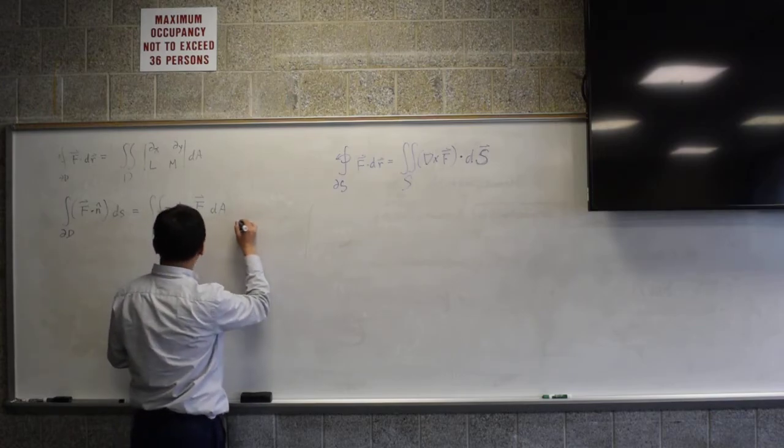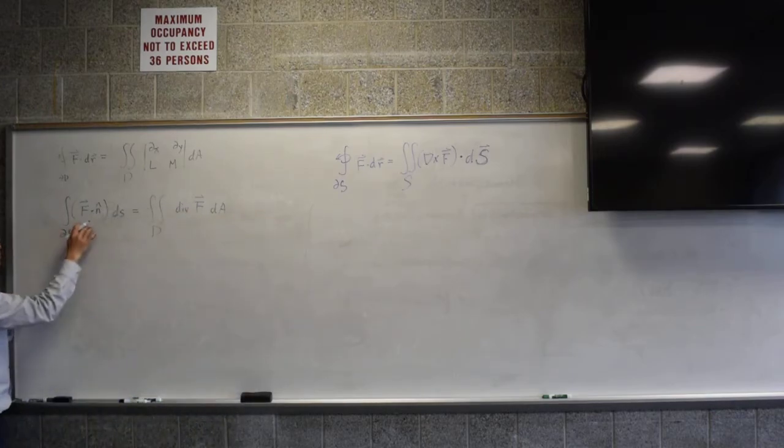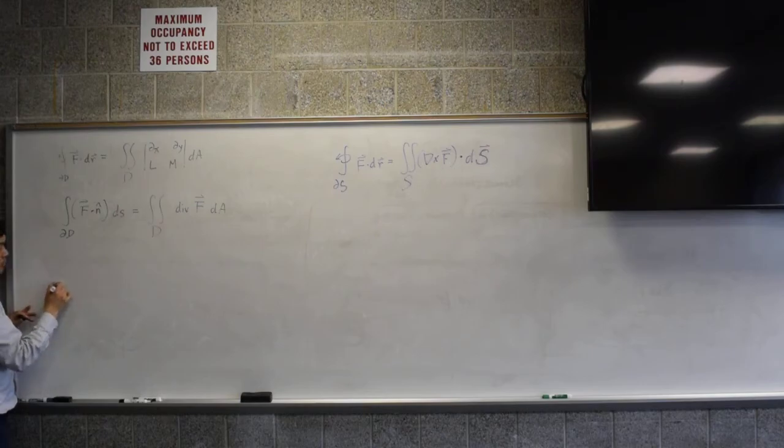And then this side was a flux. So in 3 dimensions, flux takes the following form. Instead of having a domain or surface, it's a 3-dimensional region that you have in 3D.